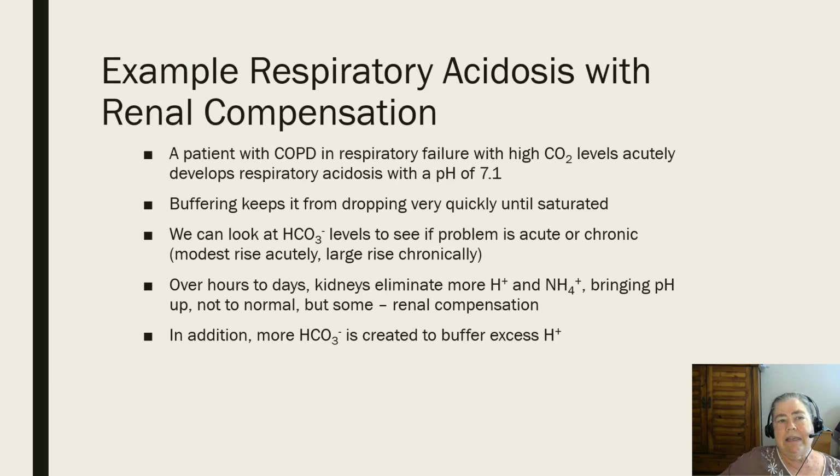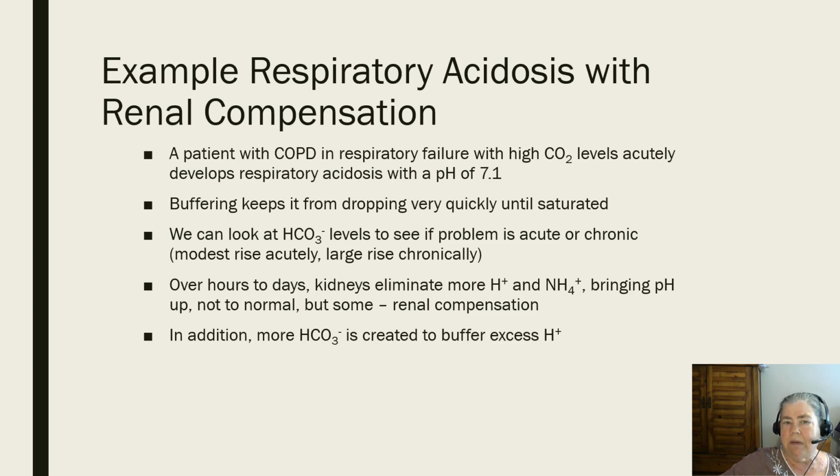So I'm going to give you an example of respiratory acidosis with renal compensation. When we have patients who have COPD, they often have very high CO2 levels chronically, but then when they develop respiratory failure, they get pneumonia and suddenly are knocked back even further. They can acutely have higher CO2 levels and develop respiratory acidosis.